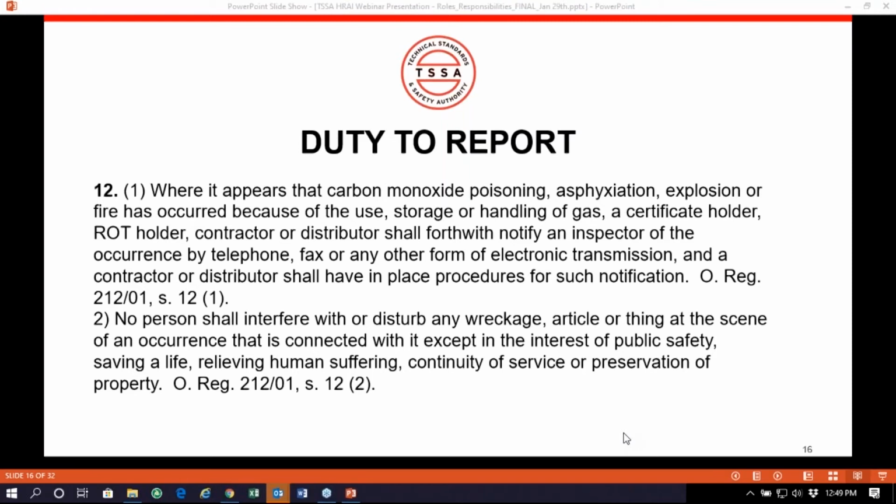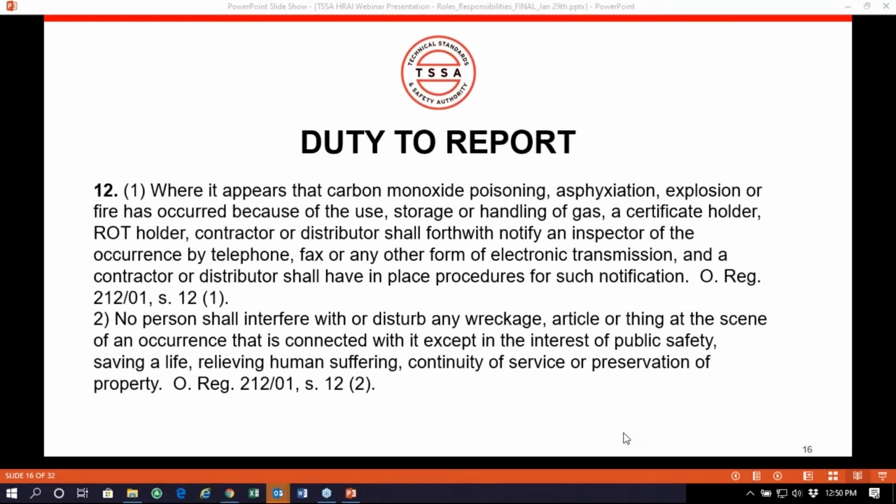First, when you're reporting it, ask to speak to the TSSA inspector or whoever the supervisor is on call. And then also, take pictures of what you're looking at, so that when we get into the investigation part of things, we'll have evidence of what was going on at the time.